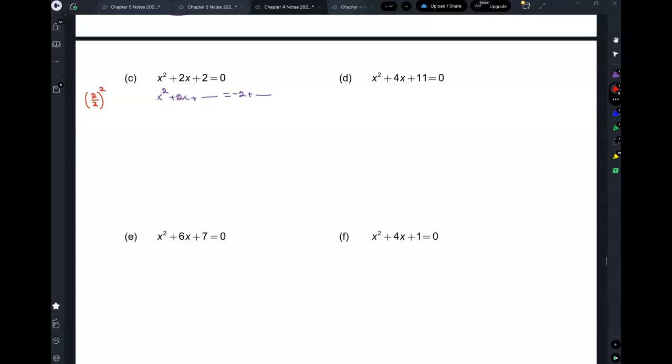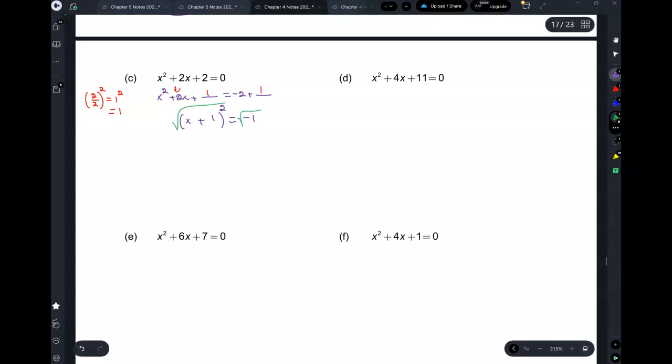So remember, you take this number, divide by 2, square. So 1. Now, we factor (x plus 1) squared equals negative 1. We have a negative this time.